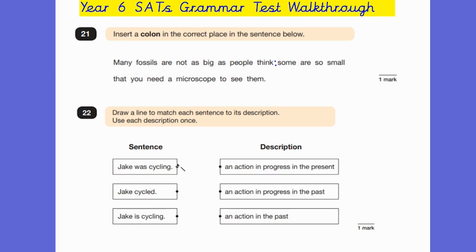Now I know that this happened in the past and I know that it's an action in progress. So I need to join that to an action in progress in the past. Jake cycled. Now that's in the simple past tense, so I need to match that to an action in the past. And Jake is cycling, an action in progress in the present. Is cycling is in the present progressive tense.